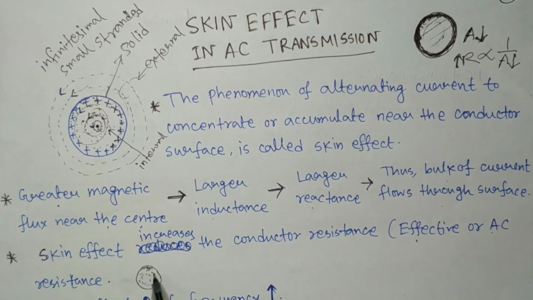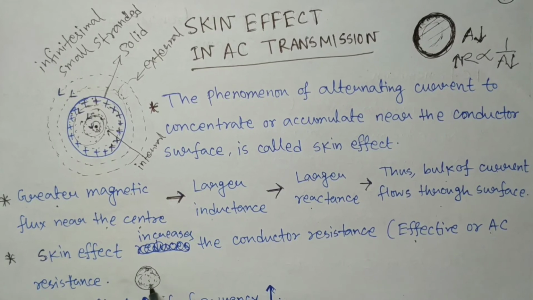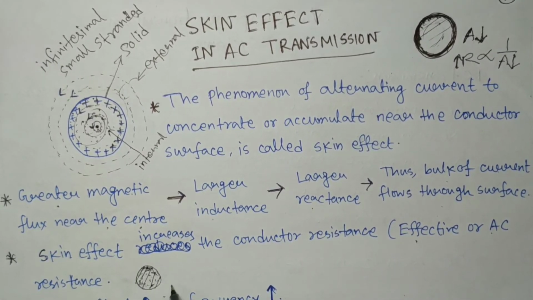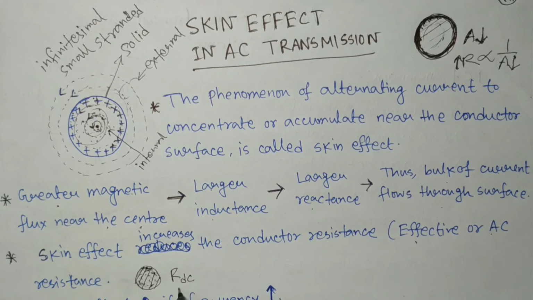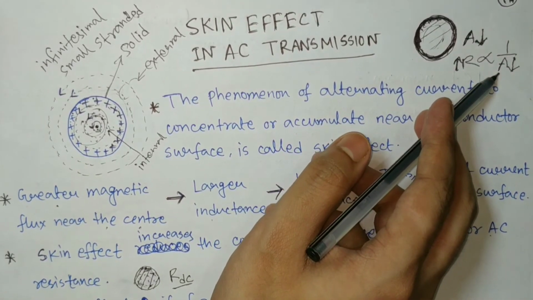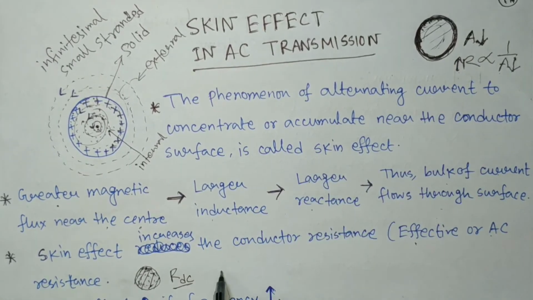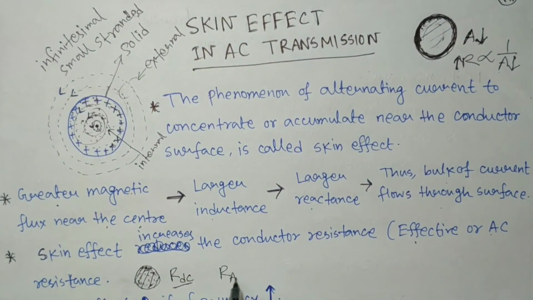So the entire area will be used, and that is why the resistance which we get in a DC system is called DC resistance, RDC. But here, due to the reduction of effective area, resistance gets increased, and that resistance is given the nomenclature RAC.